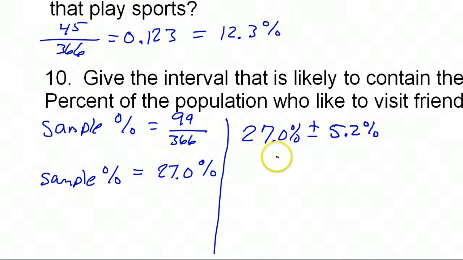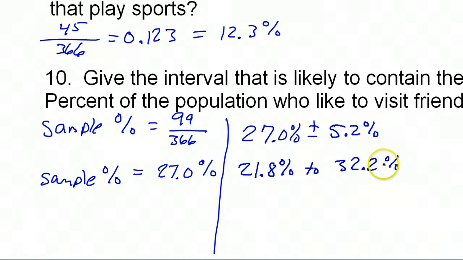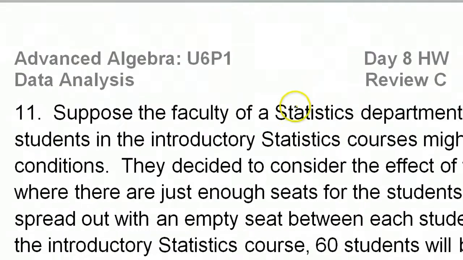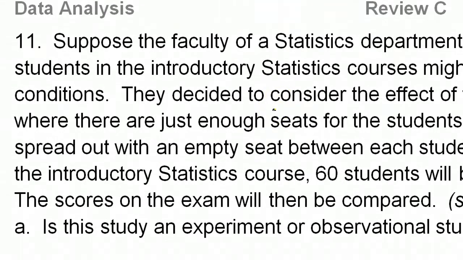So here we go. 27 minus 5.2 is 21.8%. And 27 plus 5.2, that's 32.2%. So this is the interval that's likely to contain the exact percentage of the population who like to visit friends. All right, let's move on to number 11.